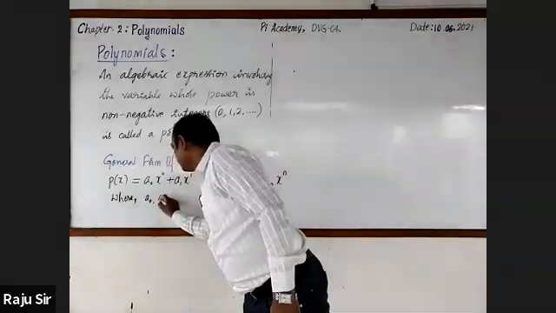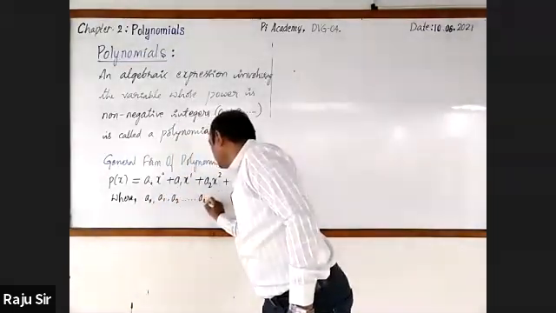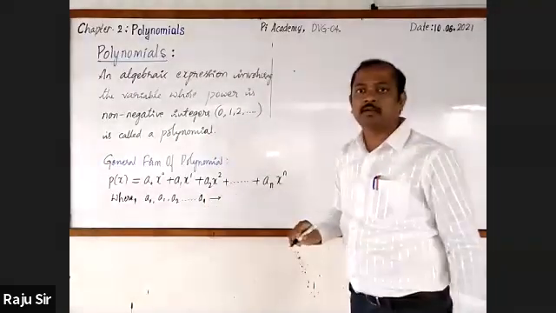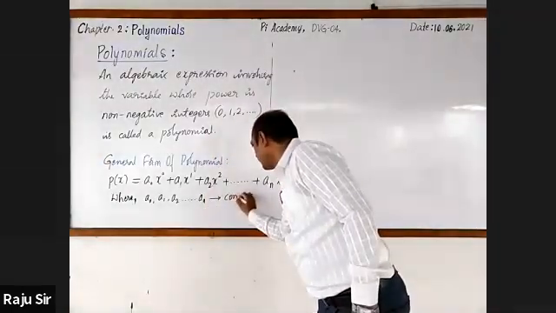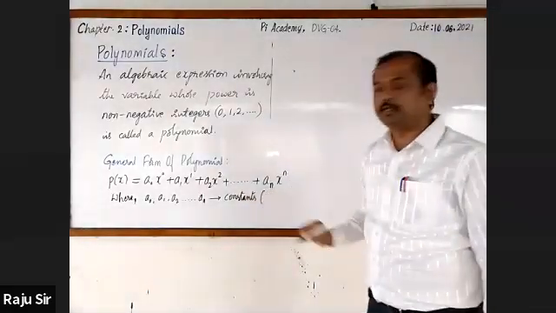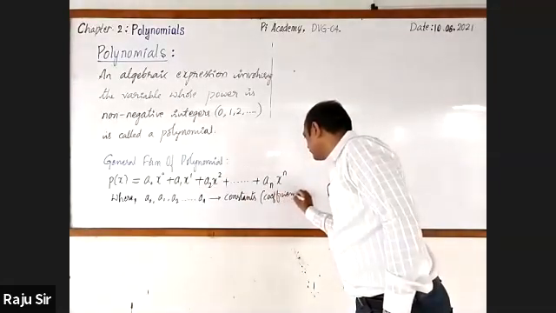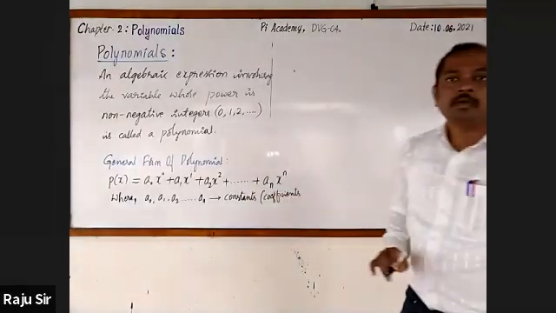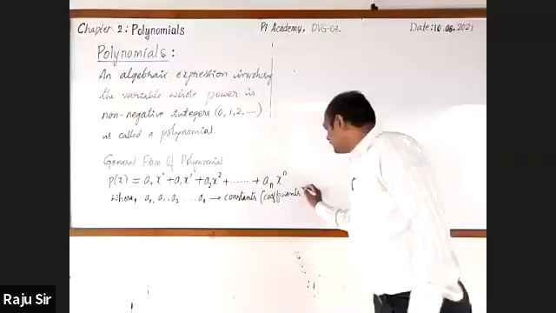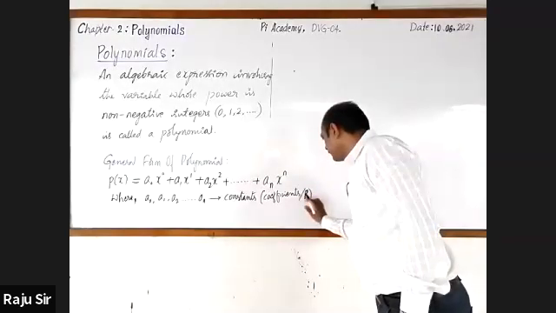In bracket you may write, they are coefficients, and these coefficients may be any real numbers. I'll write just capital R, real numbers.